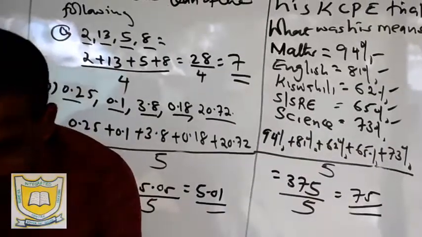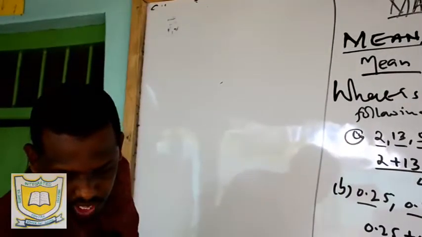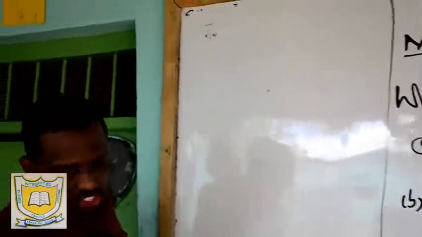Another question here. You are told the average wage of 5 workers is shillings 92.